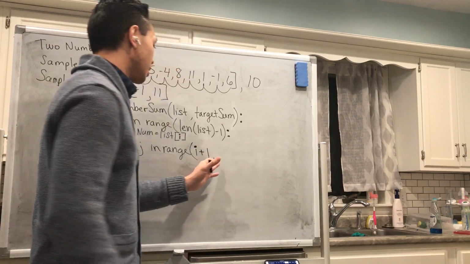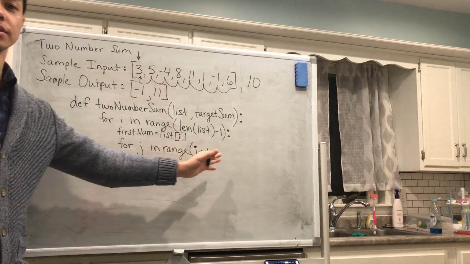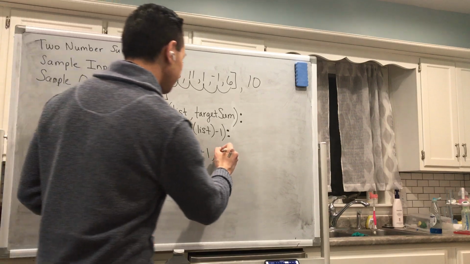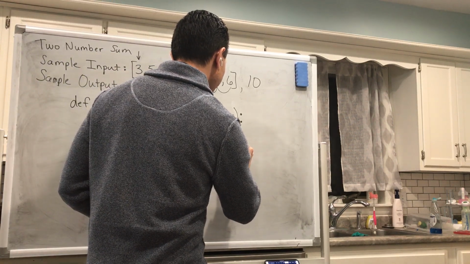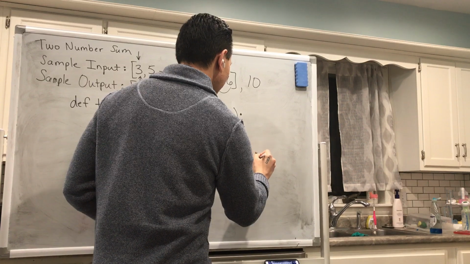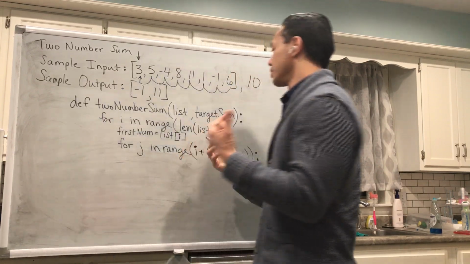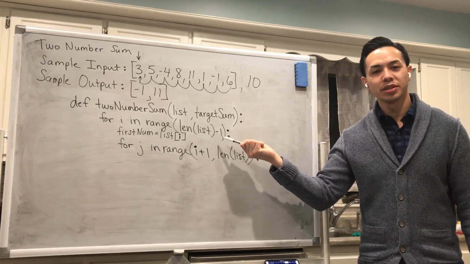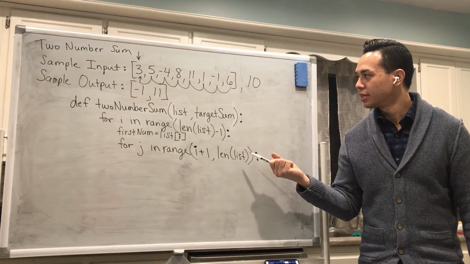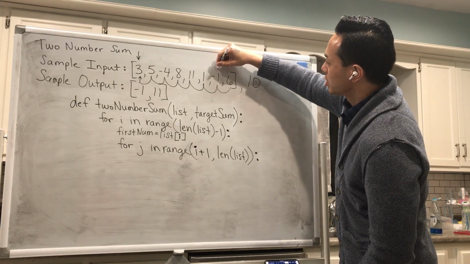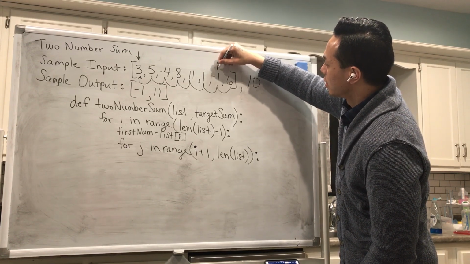Okay, so the other parameter in the range method that we're going to be putting in here is going to be the length of the list. Alright, and I know what you're thinking. You're probably thinking, Tico, come on, man. Why did you subtract 1 from the length of the list up here, but not down here? Well, like we talked about earlier, I is always going to stop short of the end of the list.